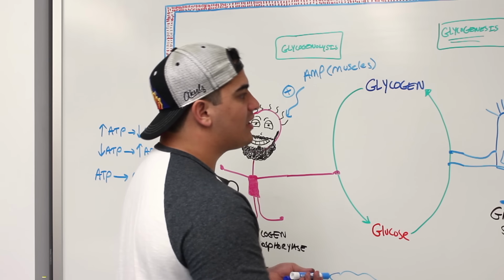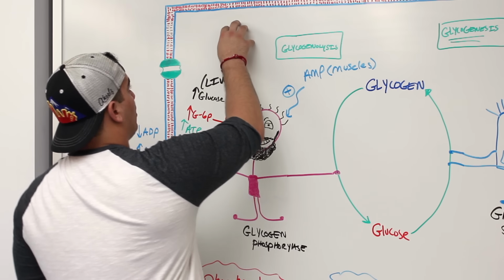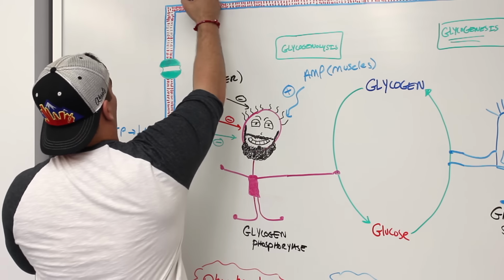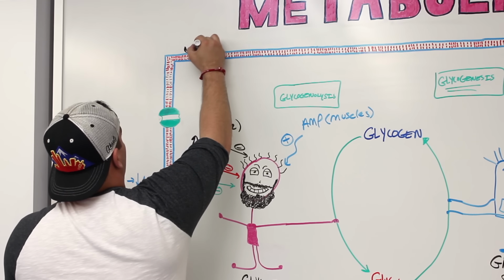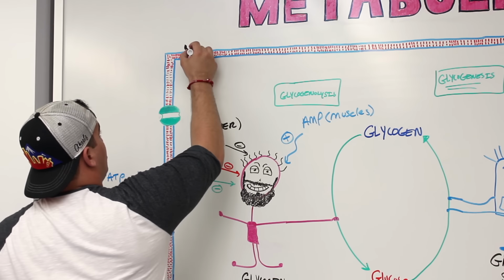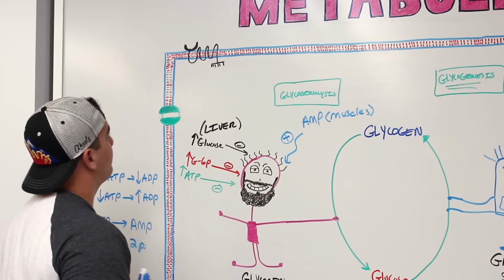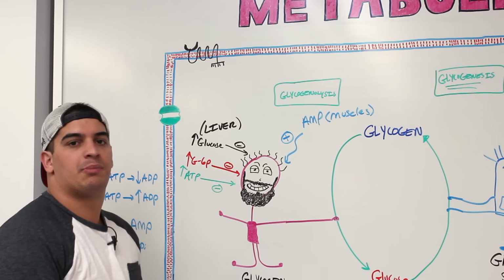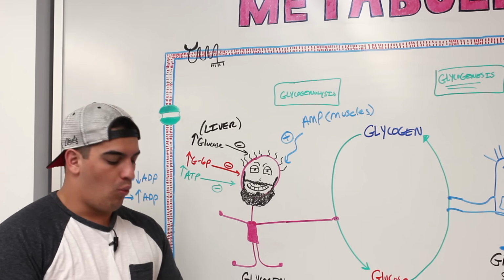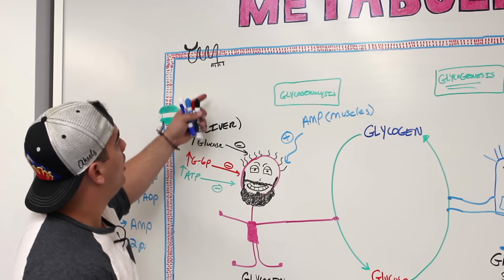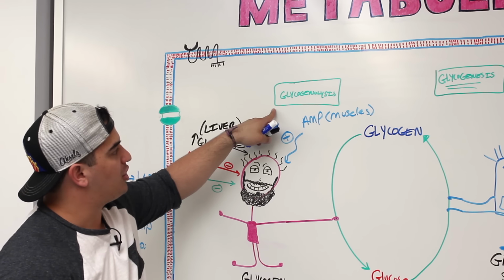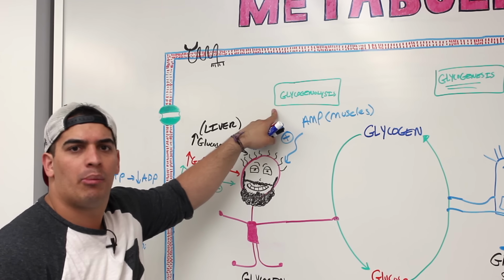So on your liver cells, you know you have these things called G protein coupled receptors. These G protein coupled receptors are going to be special because they're responding to specific types of molecules. What are these molecules that it's responding to? Remember I told you that glycogenolysis is primarily stimulated by glucagon and norepinephrine and epinephrine.